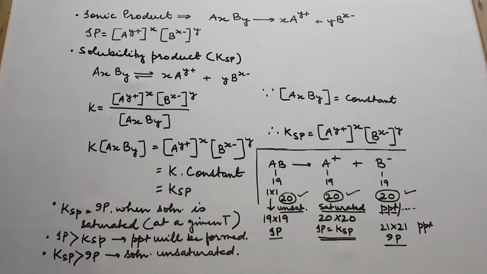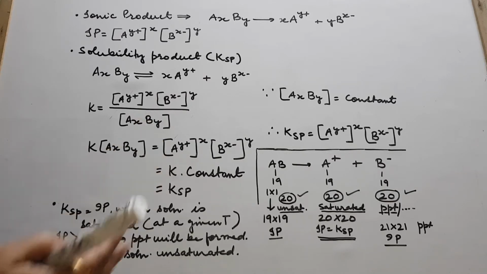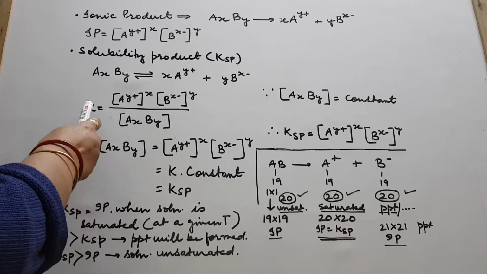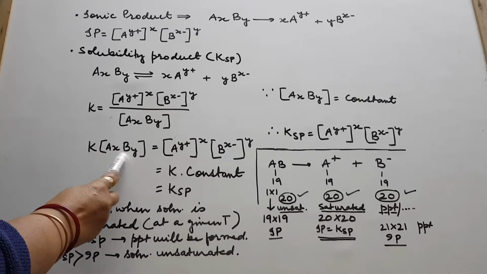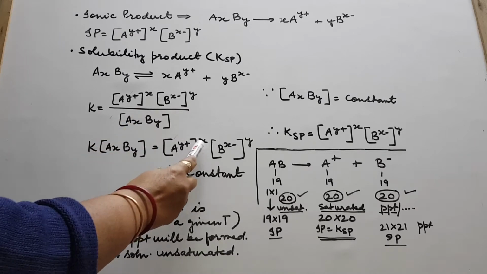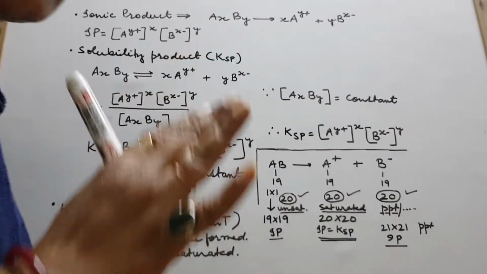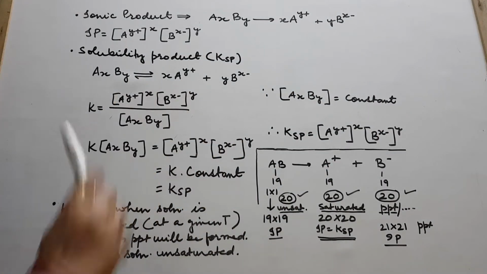In the entire chapter, children, we have seen the weak electrolytes, because this very concept is based on Ostwald's dilution law, which is applicable firstly for weak electrolytes and that too for very dilute solutions. So K is [A]^x [B]^y upon [AxBy]. Don't focus on the charges when you're going to understand the concept. It's only for theory purpose.